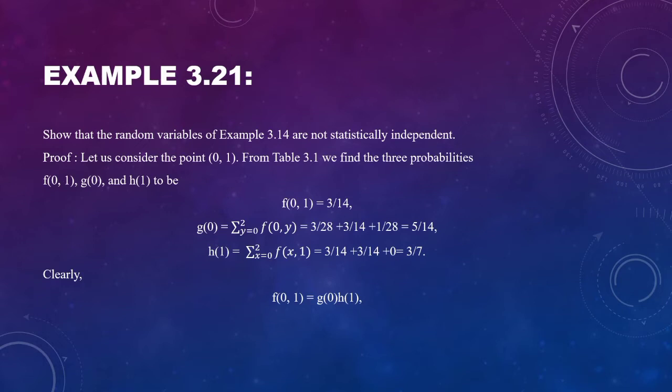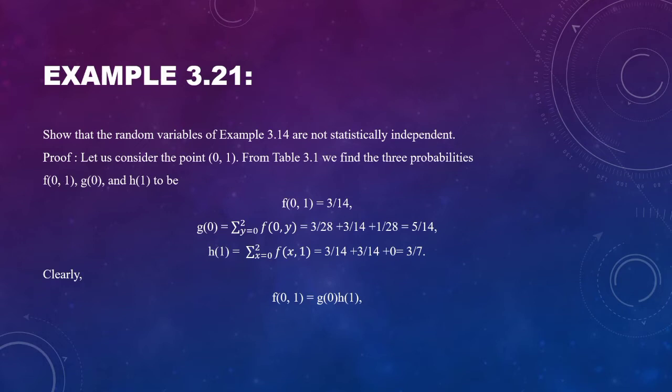The first is f(0,1) = 3/14. The next is g(0), which is equal to the summation of f(0,y) from y = 0 to 2, which is 3/28 + 3/14 + 1/28. So we come up with the answer 5/14.